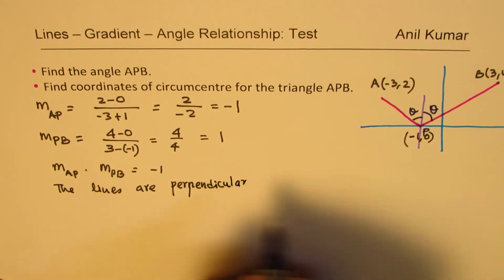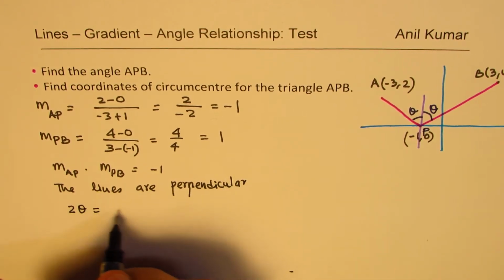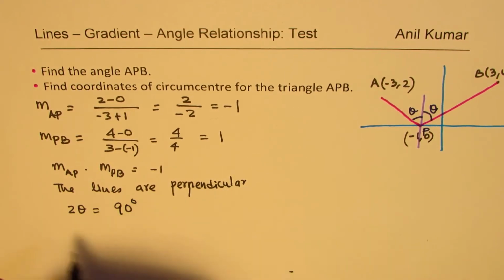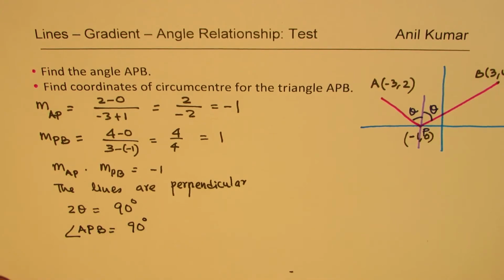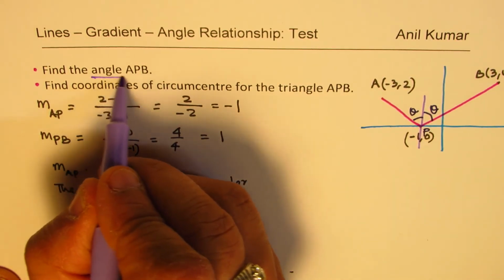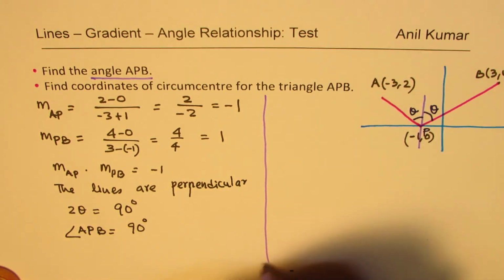Clear? So the angle 2 theta is equal to 90 degrees, right? So the angle APB is equal to 90 degrees. Clear? So that is how we can get the angle APB. Is that clear to you?